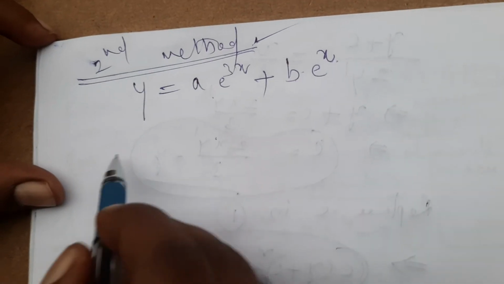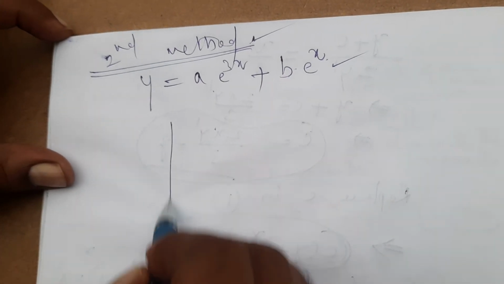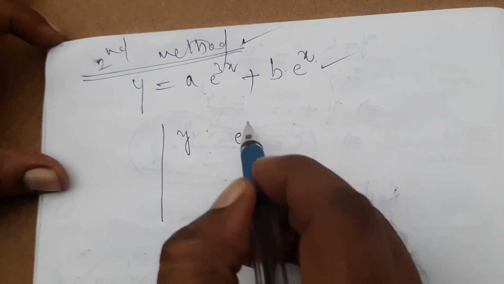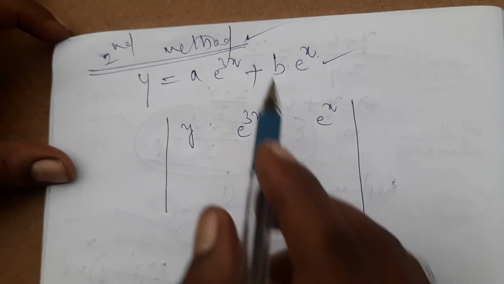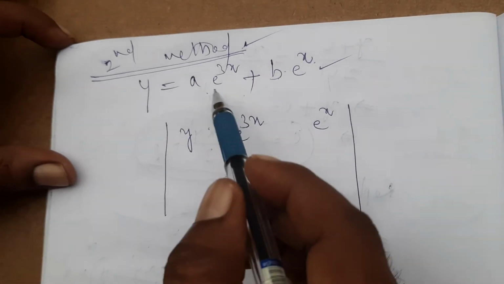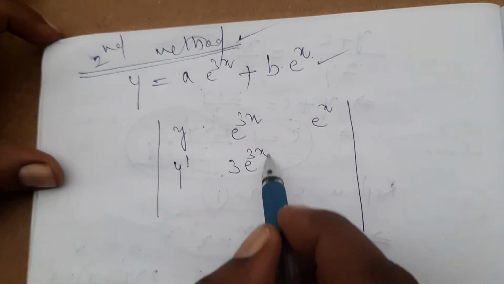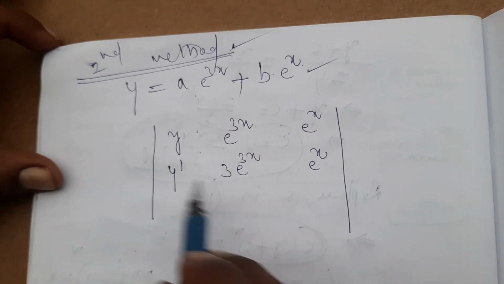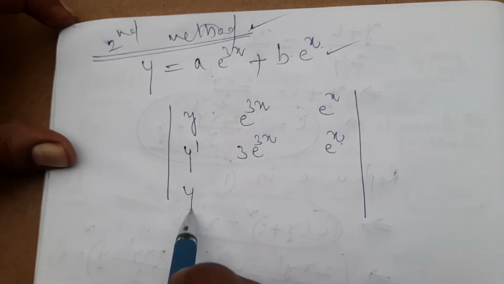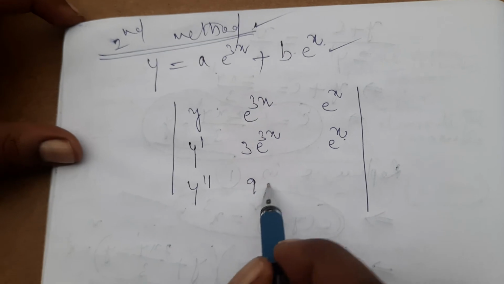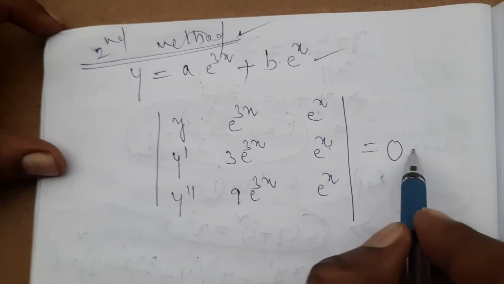In the second method, the determinant method, you will get the answer easily. So the determinant of y, a coefficient e power 3x, b coefficient e power x. Two times I have to differentiate. One time differentiation gives y dash, 3 e power 3x, and e power x. One more time differentiating this row gives y double dash, 9 e power 3x, and e power x, equal to 0.